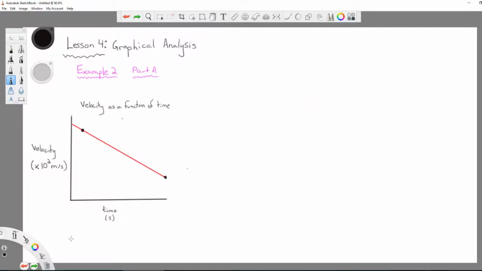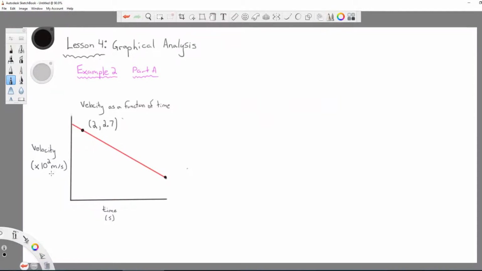Great. Well, what do we do now? I didn't put in any values here. That's for you to interpret on your own graph. But I did point out 2 little dots that I'm going to use to find the slope. When I read this graph, I interpreted these dots to be at about 2 seconds and about 2.7 in the y value.